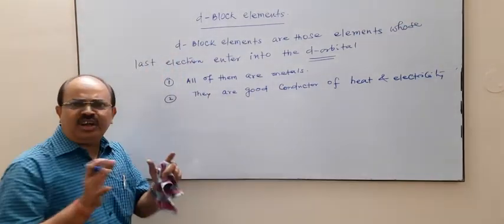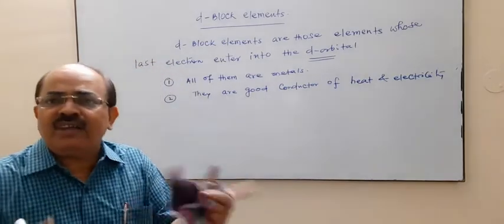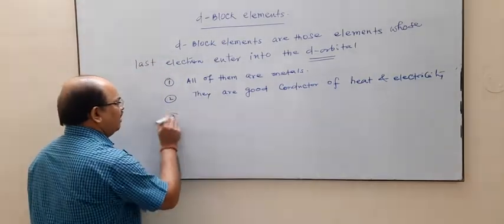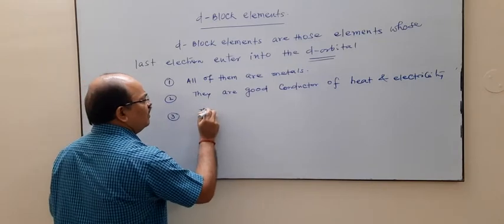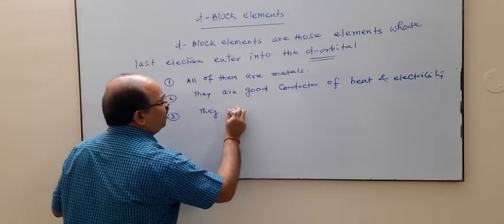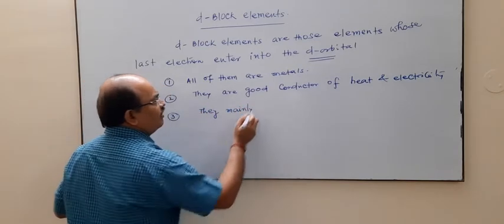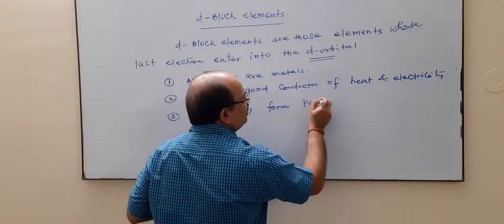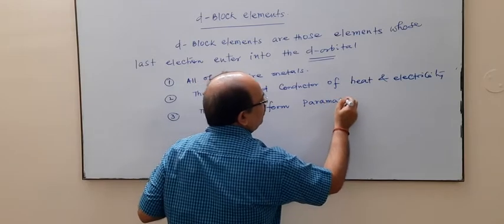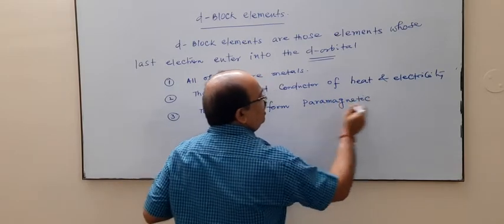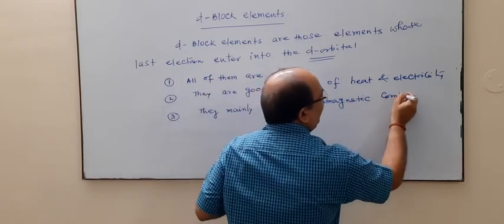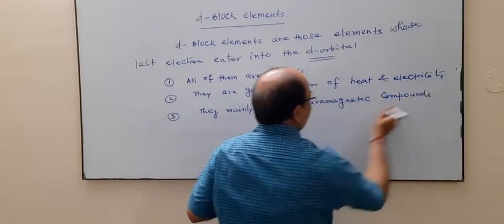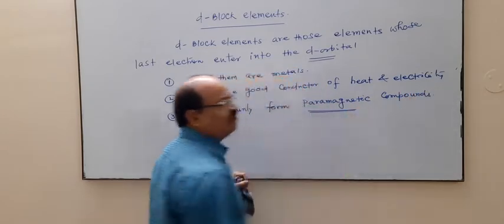And there is a certain main property. What is it? The third is they mainly form paramagnetic compounds, or you can say most of them form paramagnetic compounds. Now one new term is there, paramagnetic.